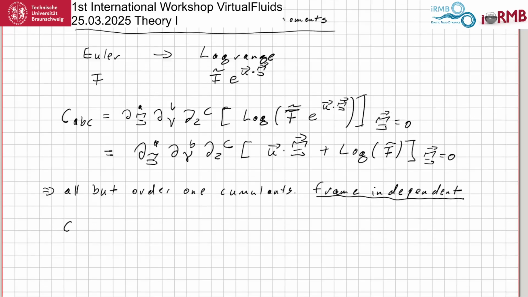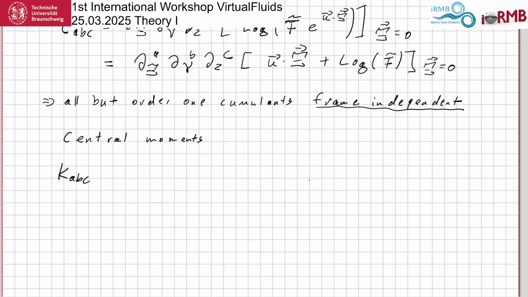And therefore, it's more convenient to use central moments. Central moments, I write them with K, a, b, c. They go as the sum from -1 to 1 of F, i, j, k, and now instead of having i, we have i minus u, the x velocity, to the power of a, j minus v to the power of b, and k minus w to the power of c.